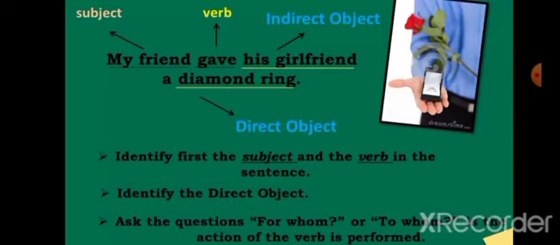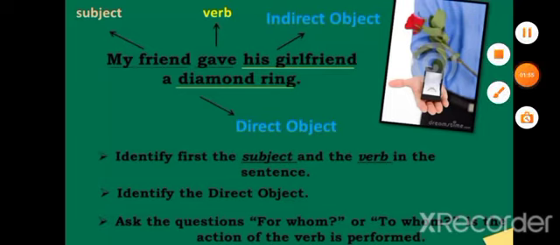You can see this example. My friend gave his girlfriend a diamond ring. Here my friend is the subject, gave, verb, his girlfriend, indirect object, diamond ring, direct object.